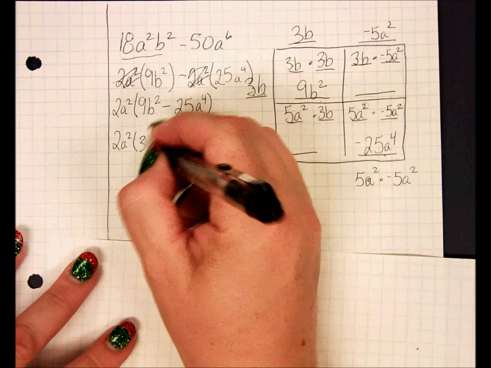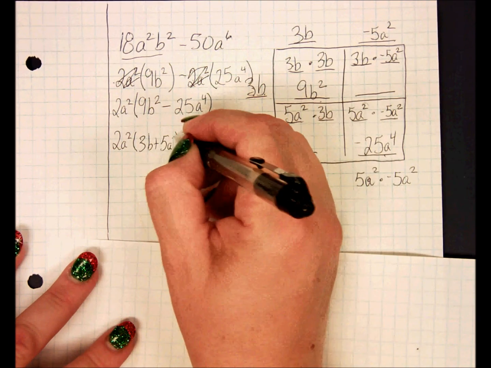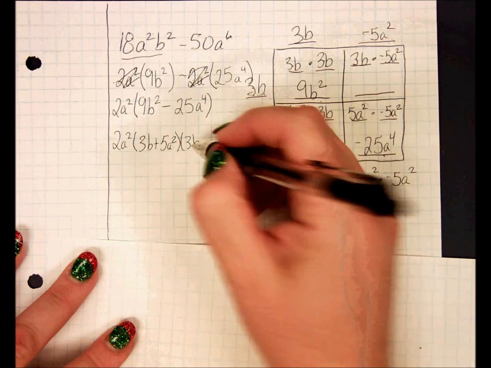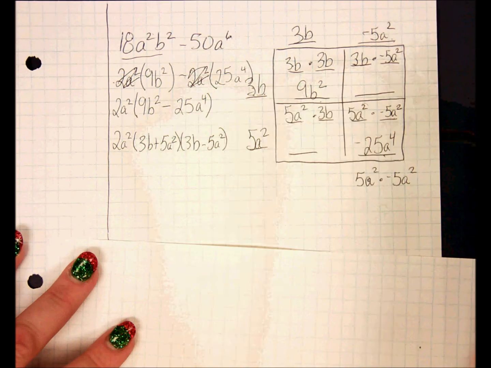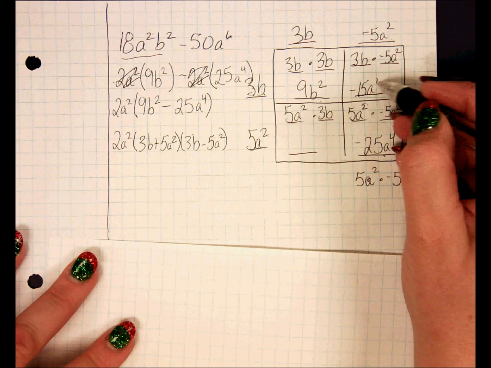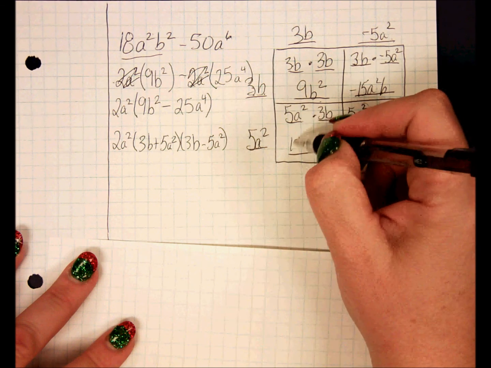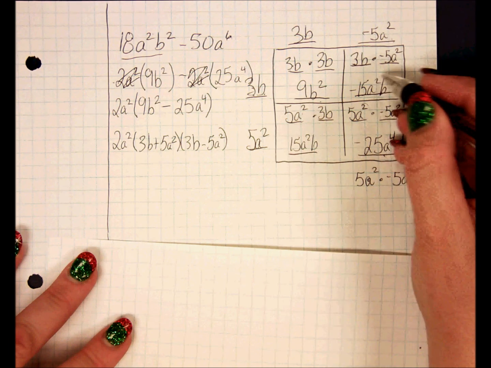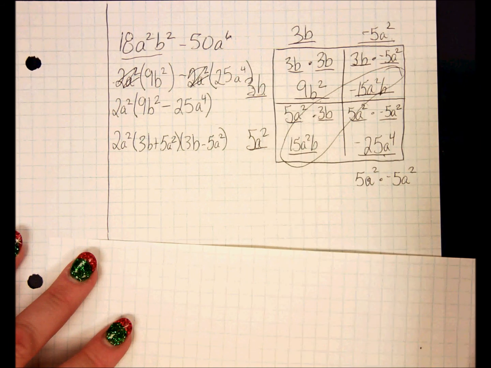On this side, 3b minus 5a squared. Here I get negative 15a squared b, and here I get 15a squared b. Usually alphabetize them when you put them together. And they are opposites, so they are going to zero out.